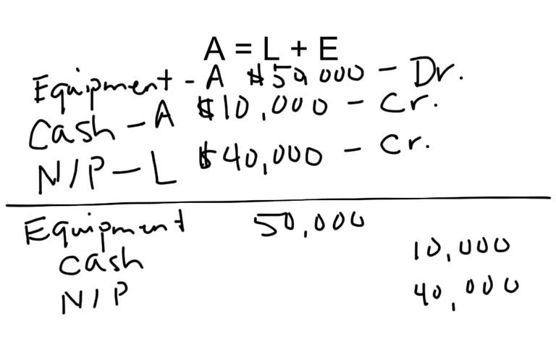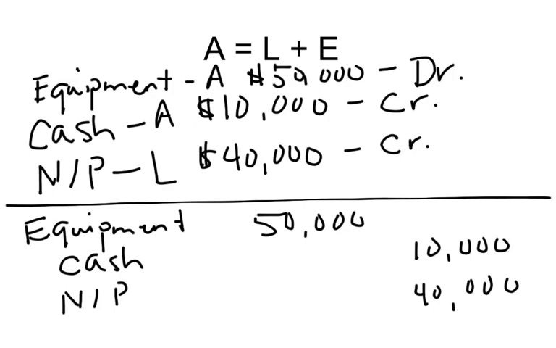So in simplistic form, we could use T accounts like that. But posting is simply taking it from the journal and posting it into the ledger. The ledger is where we have each individual account and all the activity we can see for each of those accounts. And again, you can use T accounts in a similar form to that. But that's what you mean by posting from the journal to the ledger.